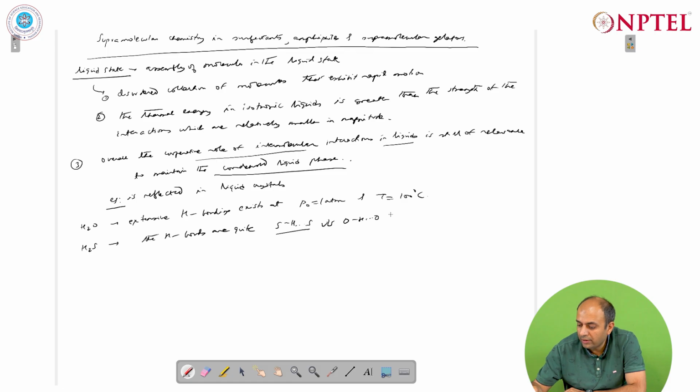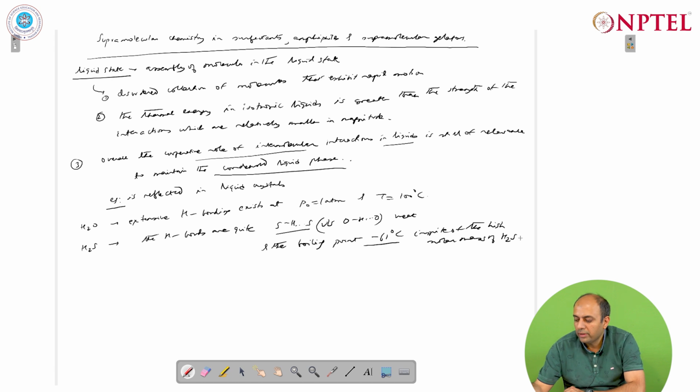So the S-H-S hydrogen bonds are quite weak, and the boiling point is minus 61 degrees centigrade in spite of the high molar mass of H2S.